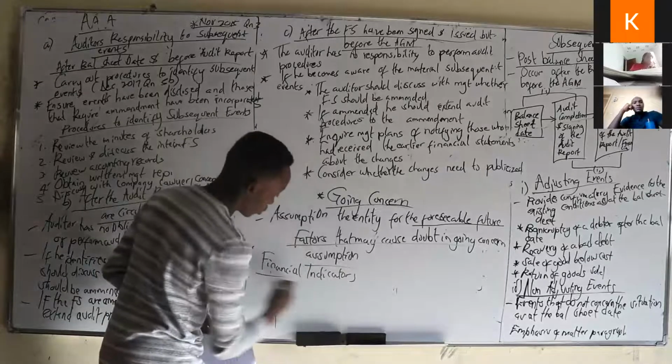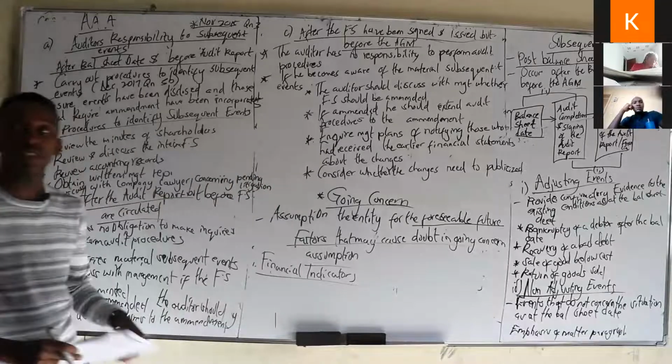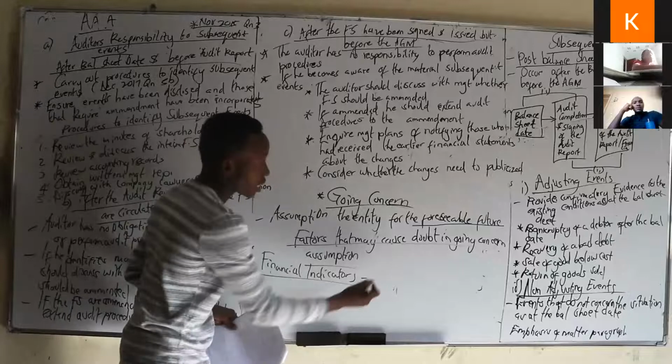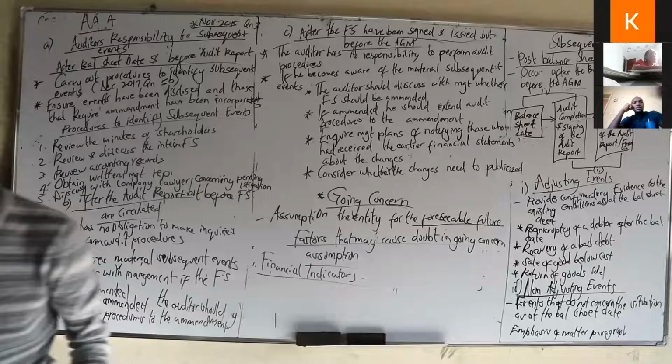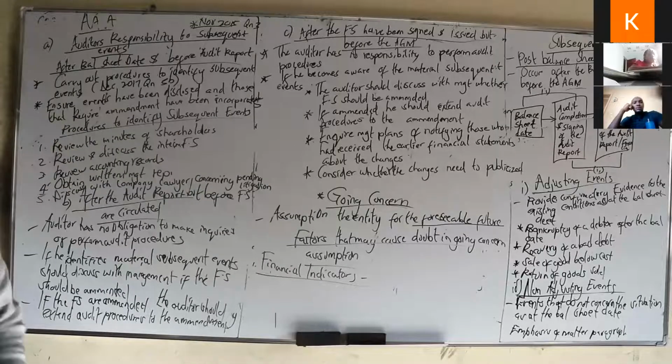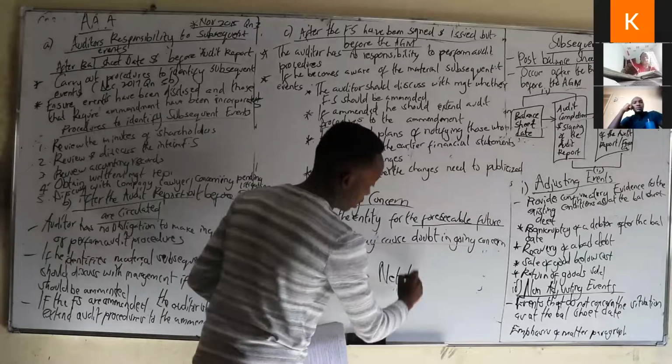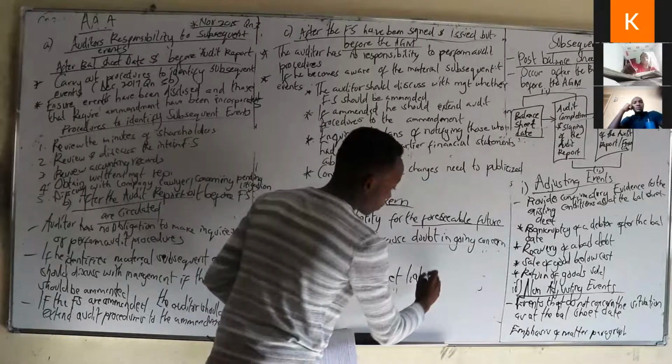Now, for you as a candidate, you will be required to know these indicators, in essence the examples for them, because they will be asked in the form of a case. So, for example, one of the financial indicators is the net liability. Can the company be able to meet its debts?